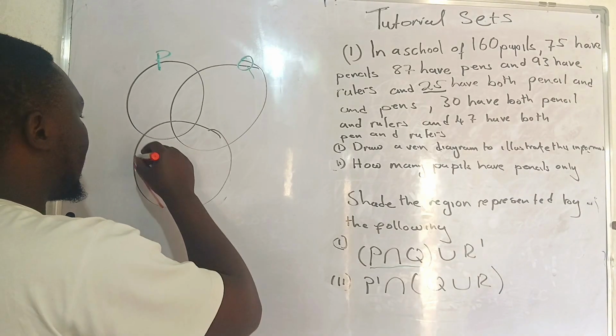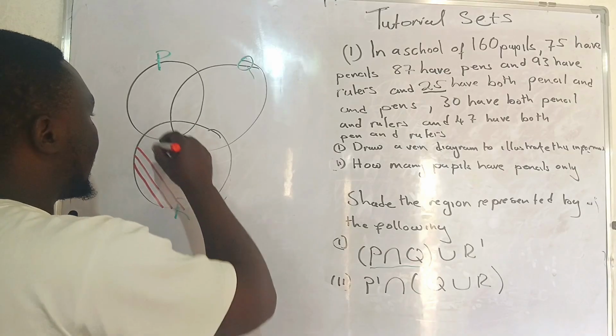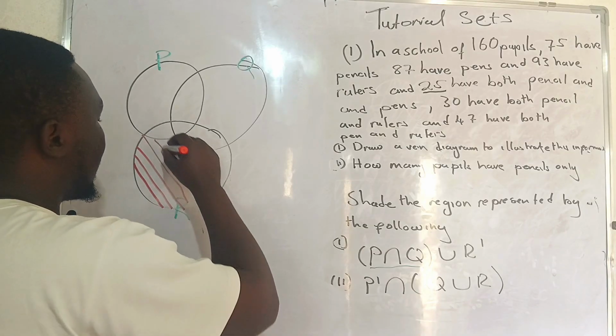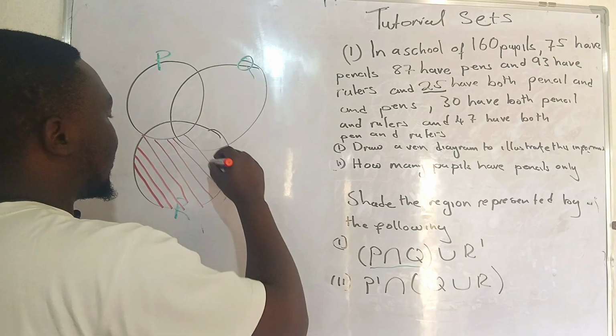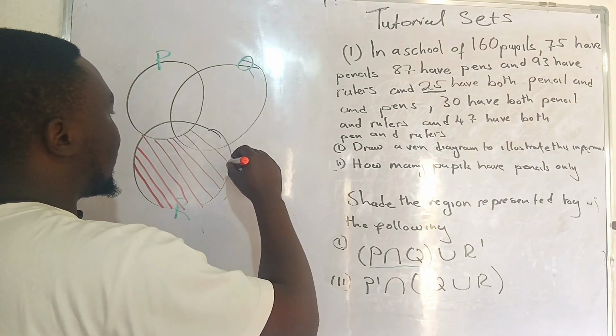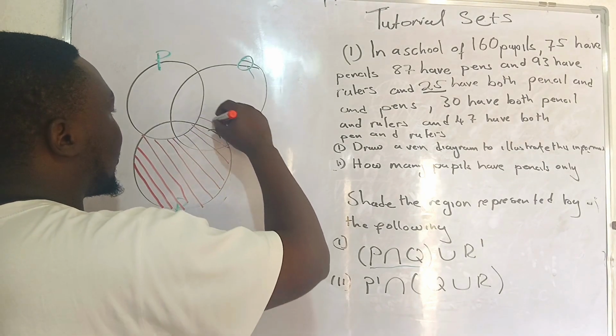So we shade everything that is not in P. Make sure that when you're shading, you do not shade the P region.